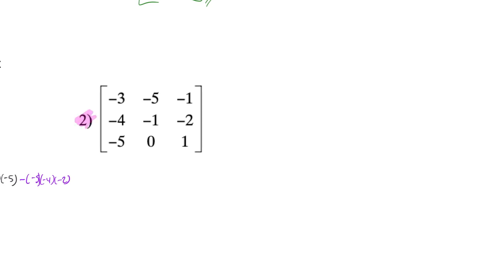Okay, so let's see the next one again. I'm going to start by rewriting those first two columns, -4, -5, then -5, -1, 0. Again, let's go in order. So equals 2, and start with this diagonal. So that means that I got -3 times -1 times 1.